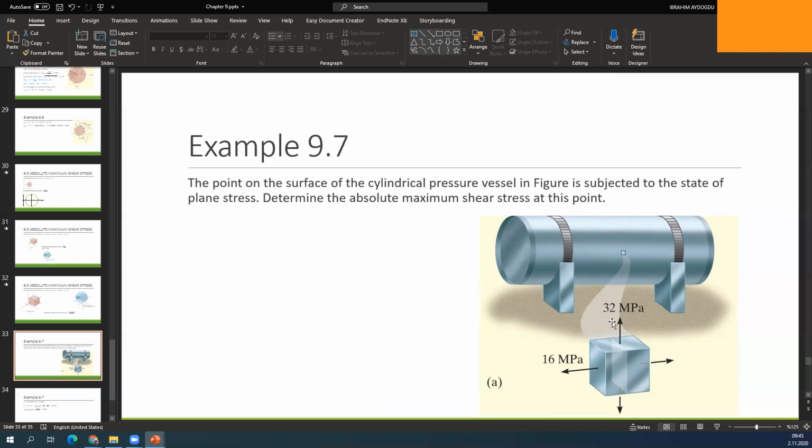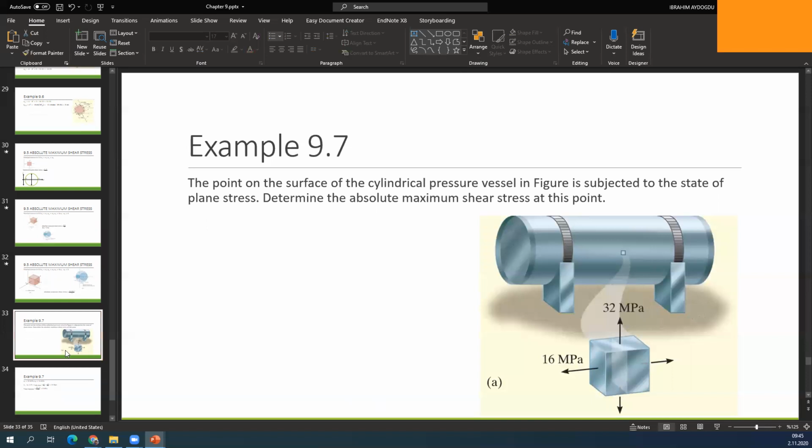So if we consider the third dimension, what is the maximum shear stress? That is the value we are trying to find, considering three dimensions.